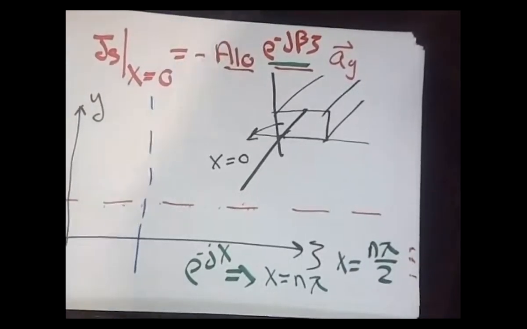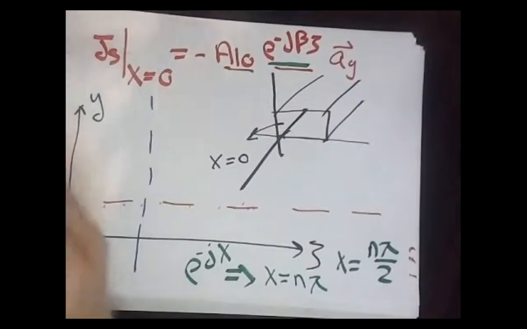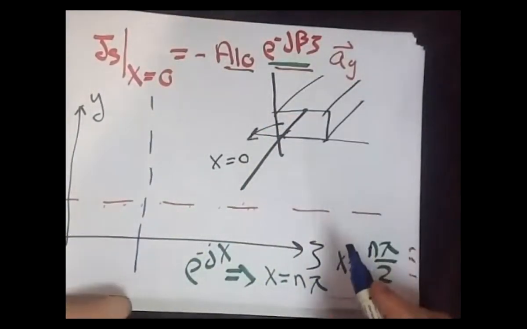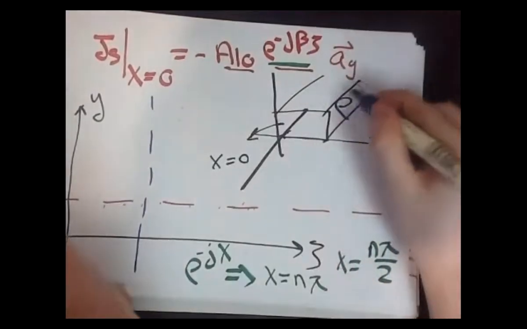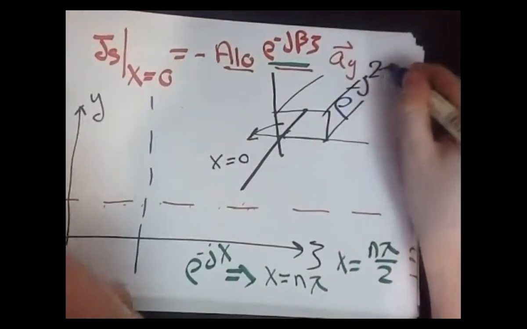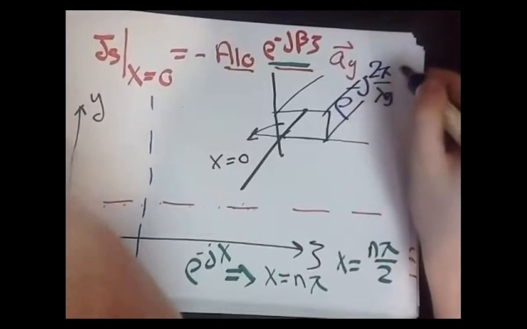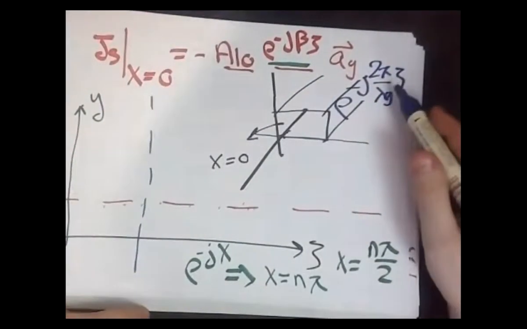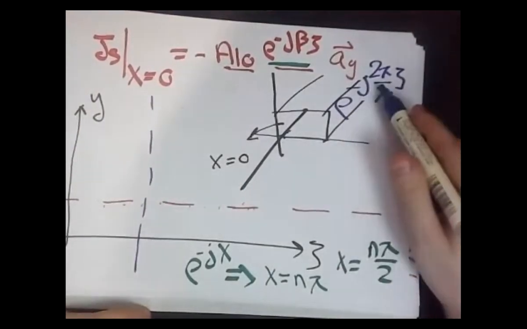To investigate it more, let's return to the fact that beta is equal to 2 pi over lambda g. So your function is e power minus j 2 pi over lambda g times z. For z equal to 0, for example, you have a maximum, which is e power minus j 0.